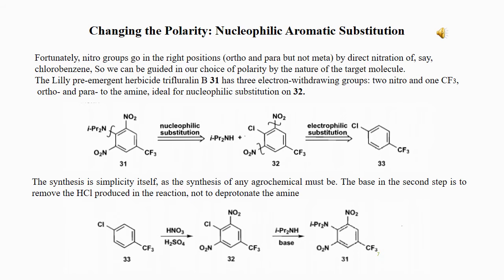When nitro is substituted over here, HCl is not produced in this step. HCl is produced in the next step. After the nitration, we do the nucleophilic aromatic substitution with diisopropylamine. Diisopropylamine will be attached at the position of chloro. It will be substituting the chloro, and HCl will be produced.